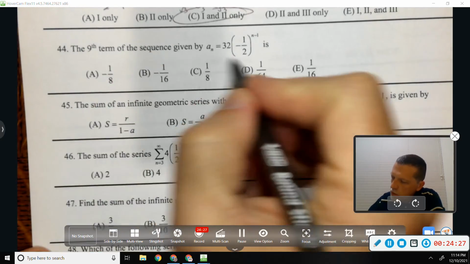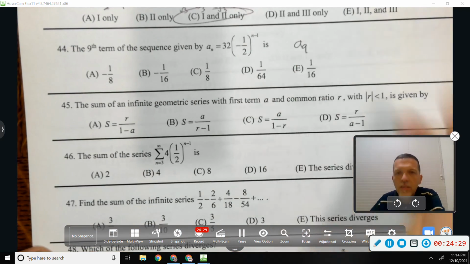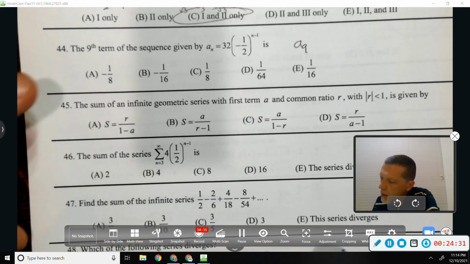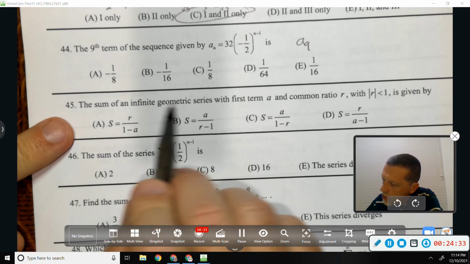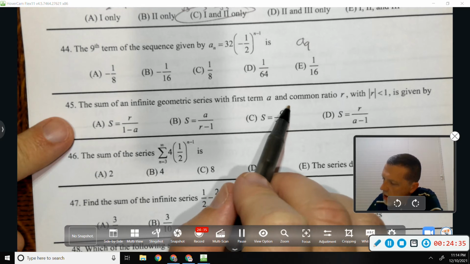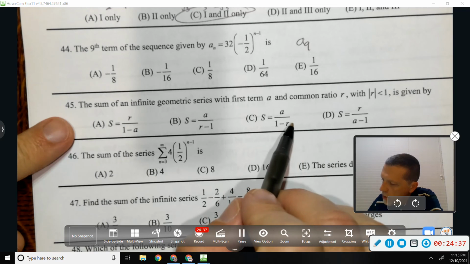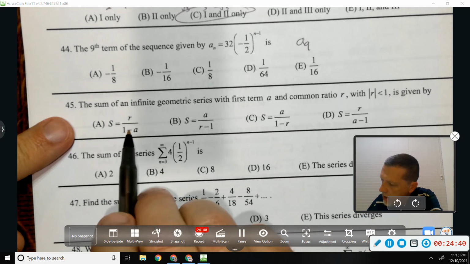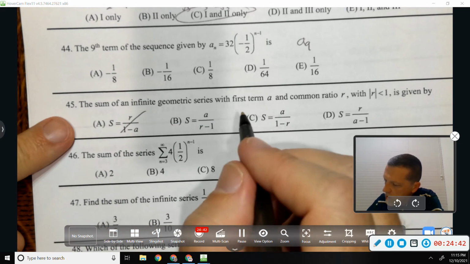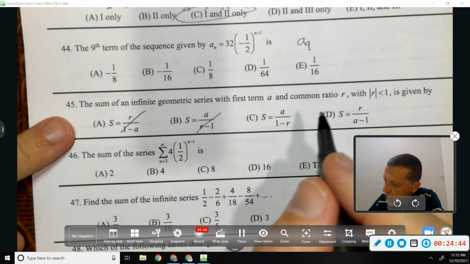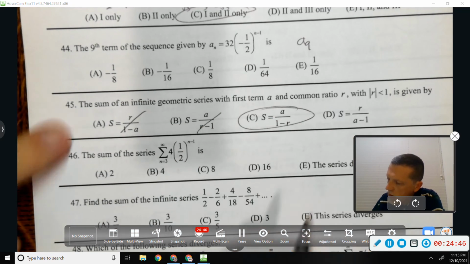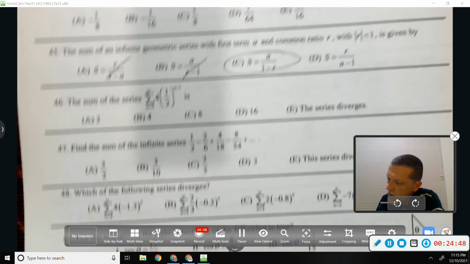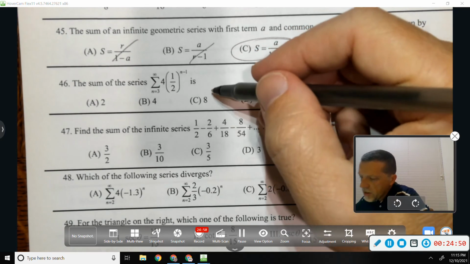Ninth term would just be plug in 9 for n. 45. Sum of an infinite geometric series is a over 1 minus r. That's backwards. Sum of the series.